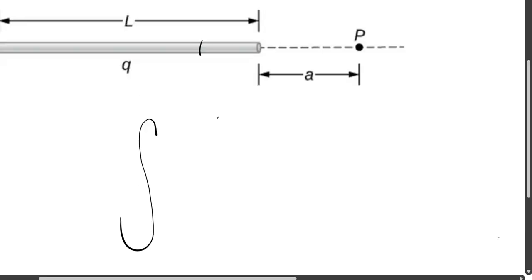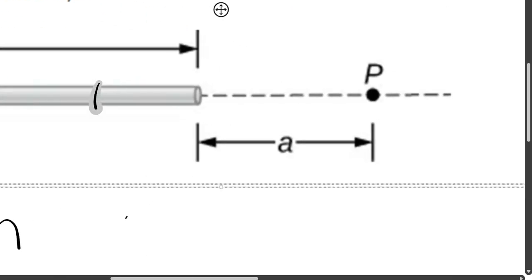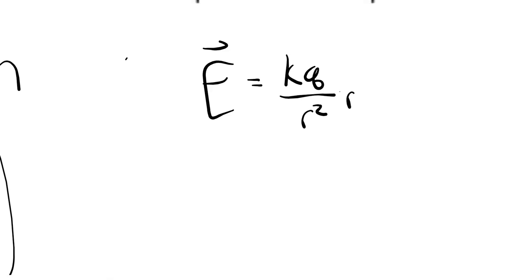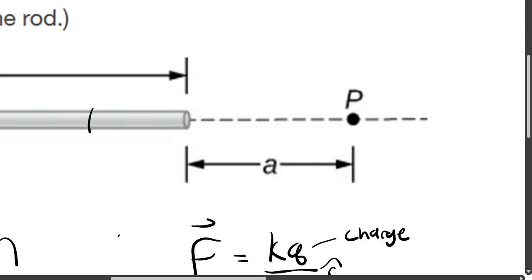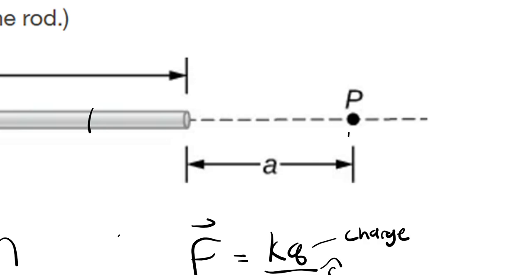We start by incorporating the first distance, right? Because remember, the electric field is kq over r squared, and that's for a point charge, I know, but in this case, just let q be charge as a generalization for a second. R is the distance. The first amount of field on P, there's nothing between P and this line charge.